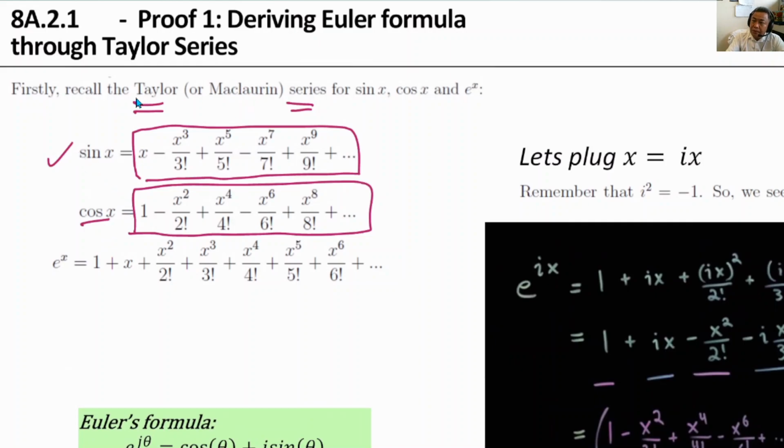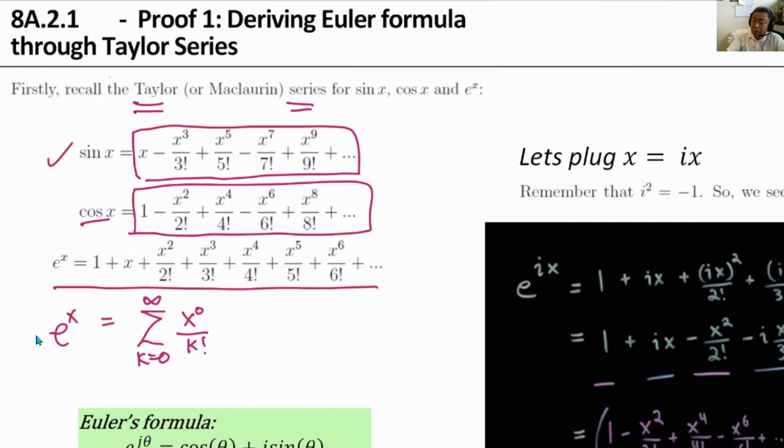Now when you perform the Taylor expansion of e^x, this should be known to you. The short form notation of e to the exponent of x is the sum to infinity of x to the exponent of k divided by k factorial. When k equals 0, we have 1.